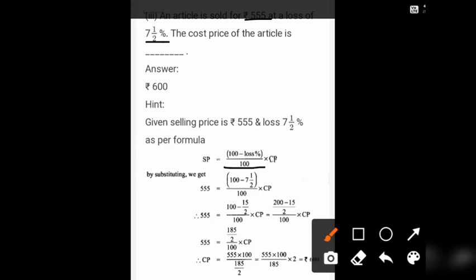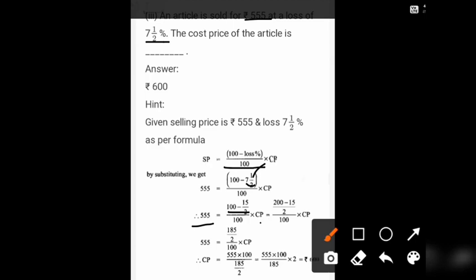We substitute the values. The loss percentage 7 1 by 2 is nothing but 7 2s are 14, 14 plus 1, 15 by 2. We know only the selling price, that is 555 equal to 100 minus 15 divided by 2, divided by 100 into CP.